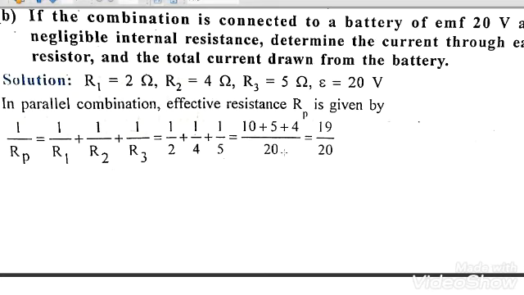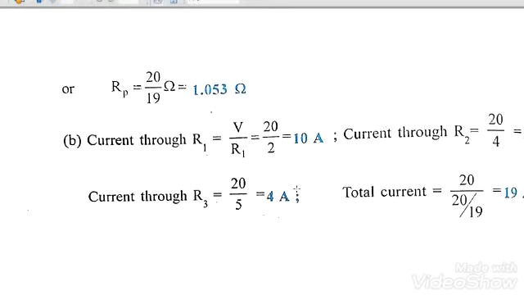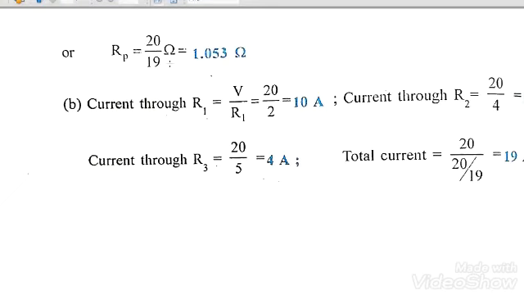The LCM is 20, then that will become 10 plus 5 plus 4, that is equal to 19 divided by 20. Then Rp is found to be 20 divided by 19, that is equal to 1.053 ohms.